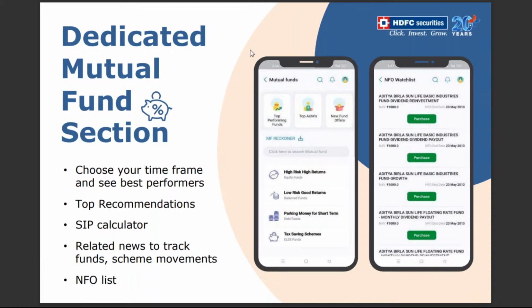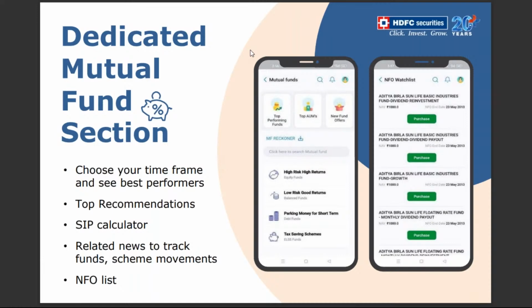So the systematic investment calculator is also there, so that the customer can see, after 3 years or after 5 years, what the expected return will be. So based on a 15% potential, what will be the return, or if you expect around 20% return, what will be the maximum return in the 3rd year, 5th year or 7th year. So you can get the future returns on the SIP calculator.